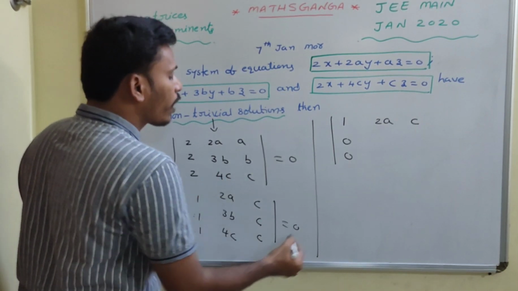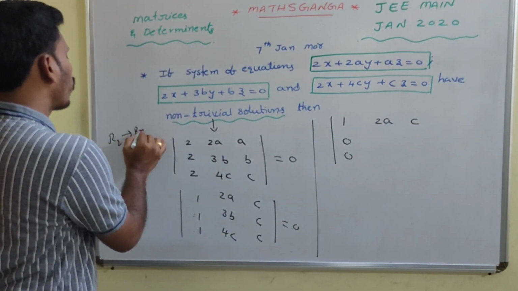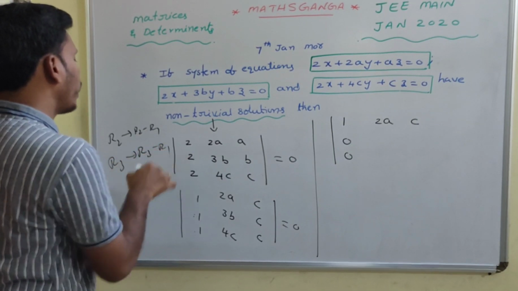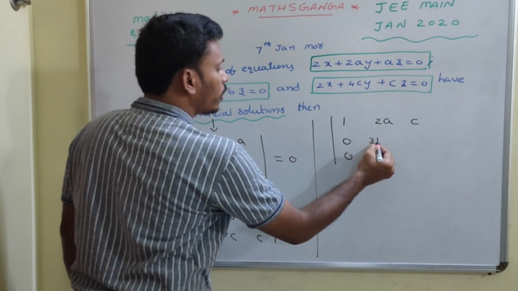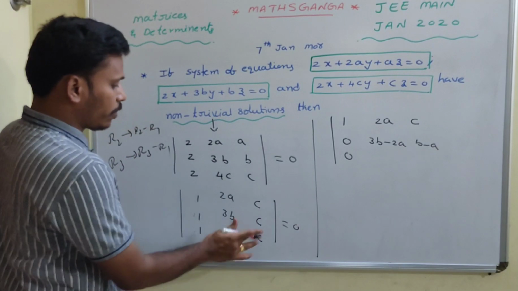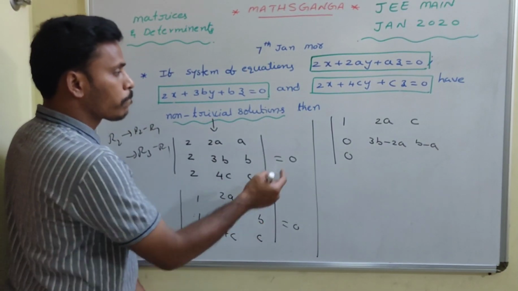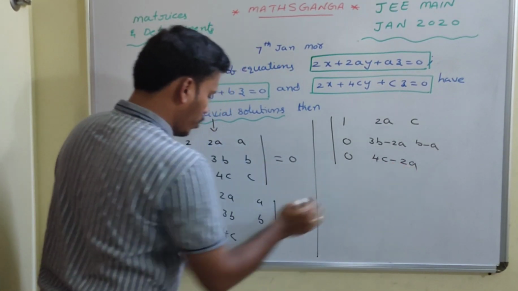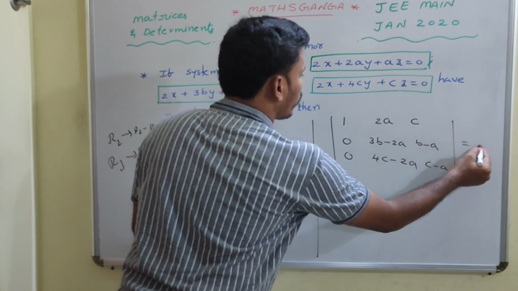If you write them, we will say R2 goes to R2 minus R1 as well as R3 goes to R3 minus R1. See, these two are zeros, and then here you will get 3b minus 2a, and then here b minus a, and here 4c minus 2a, and then c minus a is equal to 0.